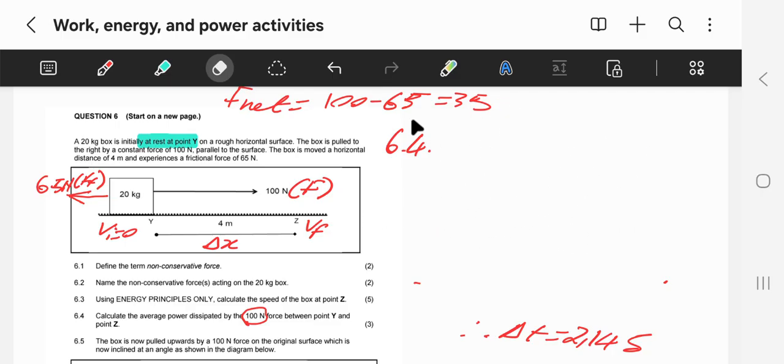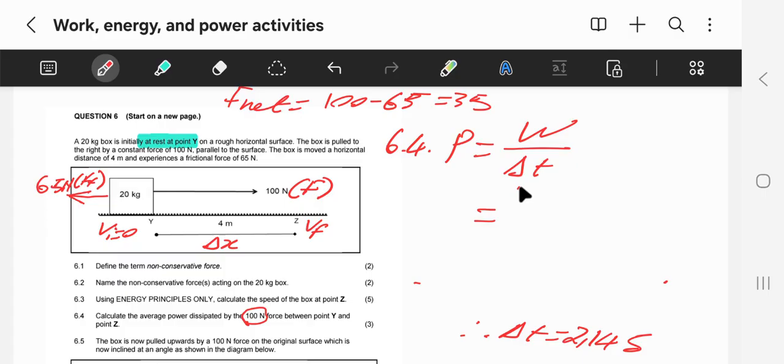But we have to remember that power is equal to W over delta T. So if we substitute, we are going to look at the work done by this object. And the work done by this object is produced by this 100 Newton force, right?